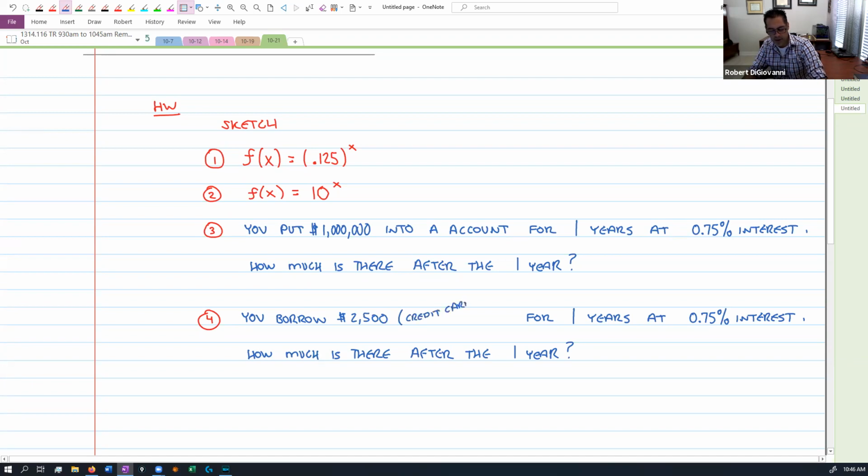You go make a purchase on a credit card. Now, you're supposed to pay back every month, right? Or else they get mad at you. But let's say that you don't pay it back, okay? And you borrow it, and then for 2 years, you don't make any payments. And the interest rate, let's say, is 16.25%. How much do you owe after 2 years?